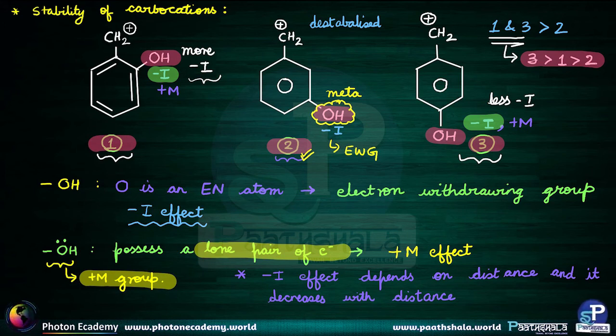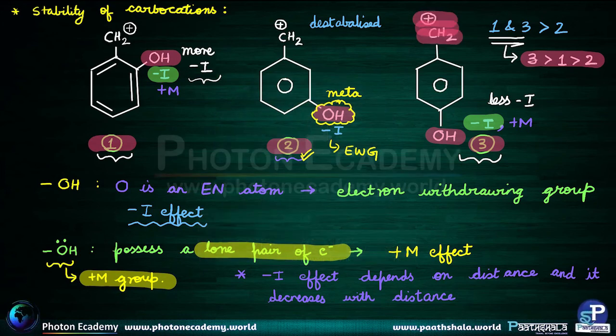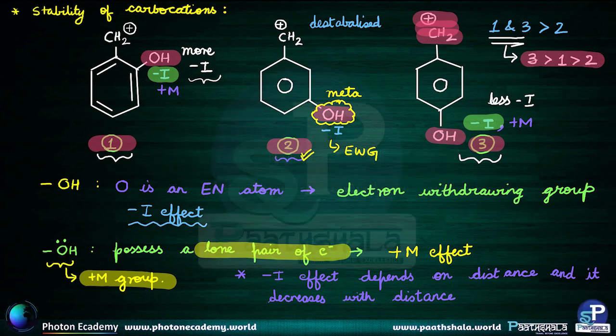It is causing less destabilization in this carbocation here, and thus leading to more stability in the species. So we have 3 is greater than 1 is greater than 2. That was the answer to the question.